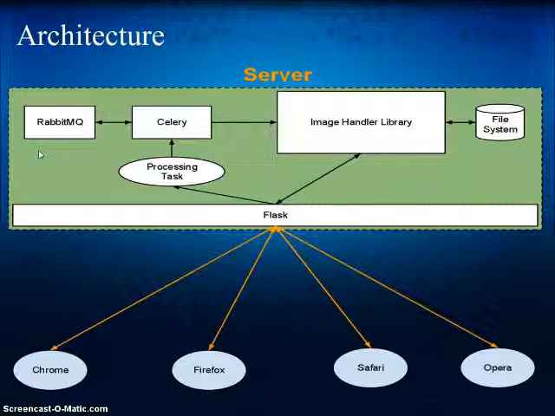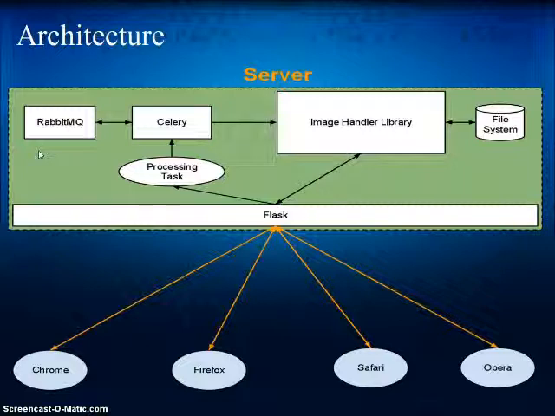That image handler library also will, whenever a file is uploaded, handle making calls to the asynchronous task queue that we've established with Celery. So anytime a request, an upload of an image file comes in, the Flask layer sends it off as a task which is entered into Celery. Celery puts that task into its task queue, which is the underlying task queue is RabbitMQ.